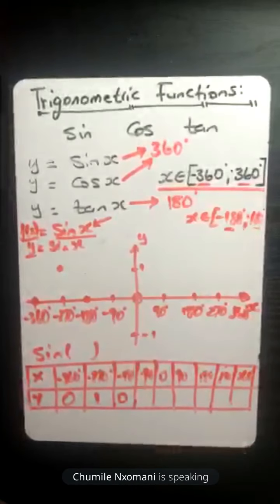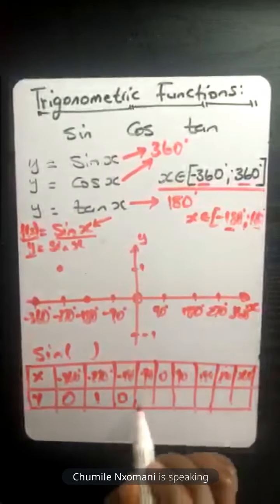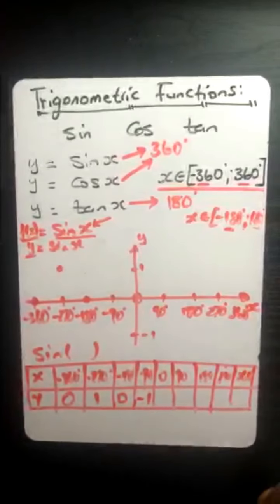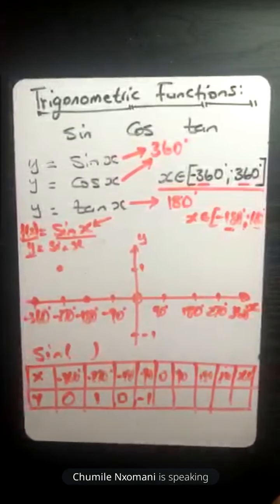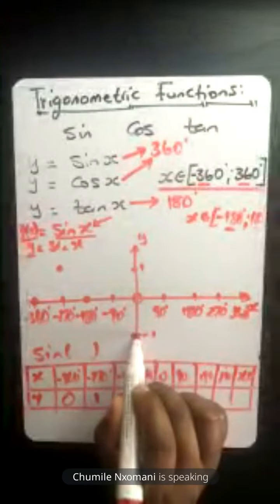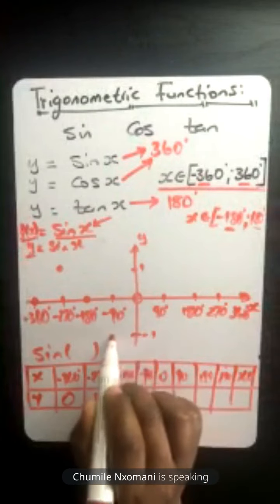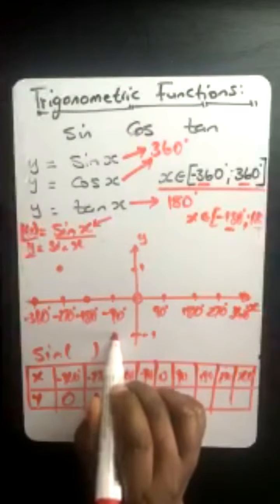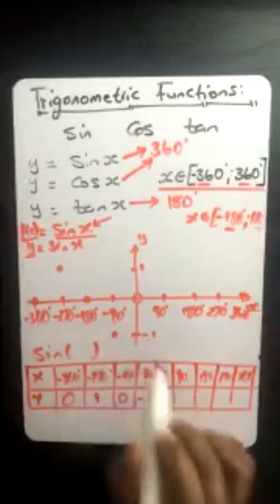Next one, negative 90. I'm getting negative 1. Where do I make a dot? At the y-axis at negative 1, below the axis at negative 90 degrees. Yes.